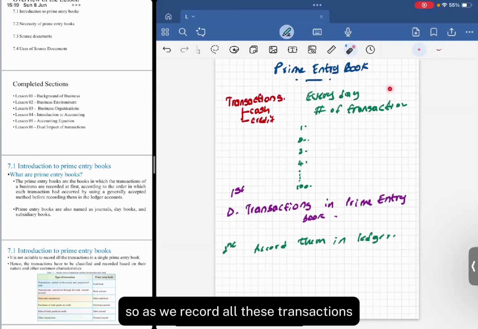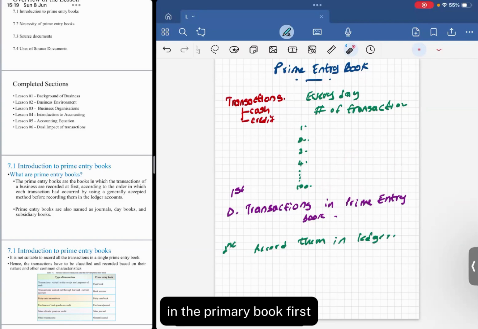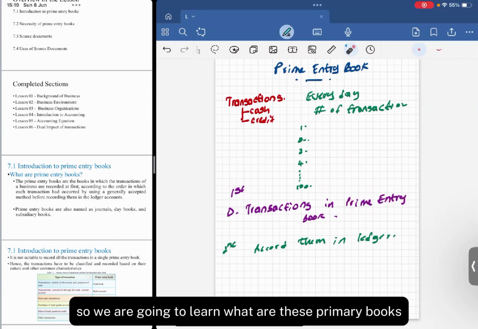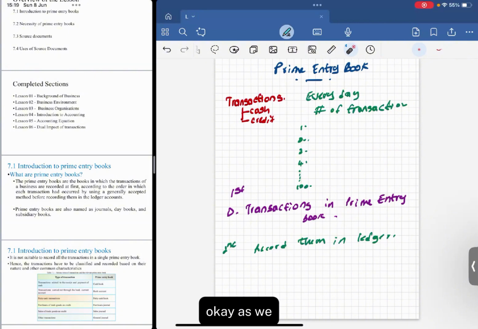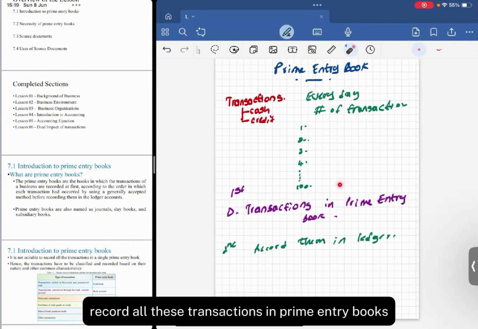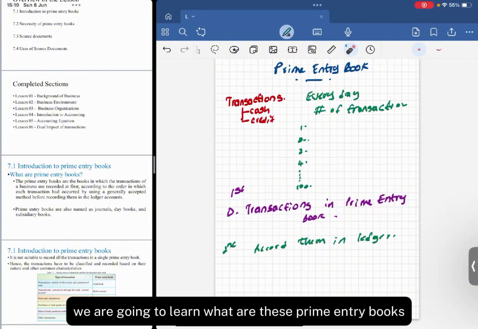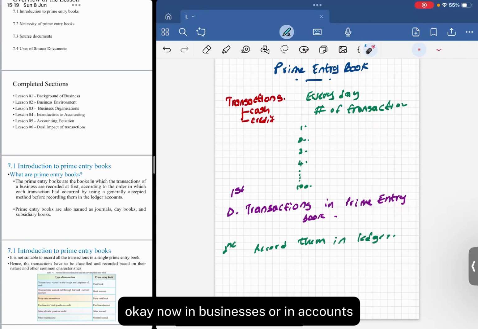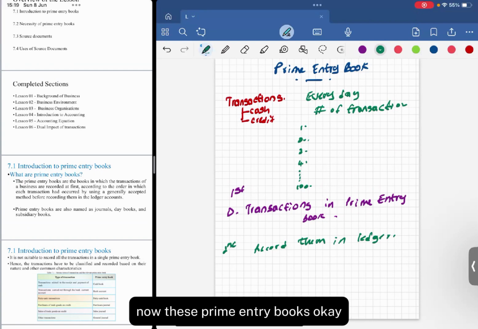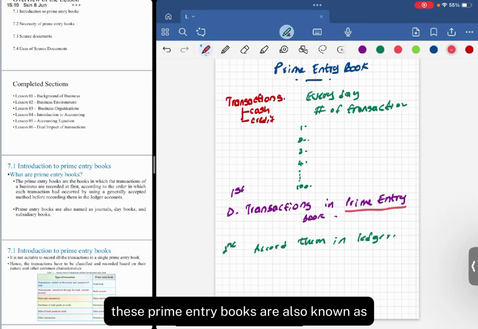As we record all these transactions in the prime entry books first, we are going to learn what these prime entry books are.